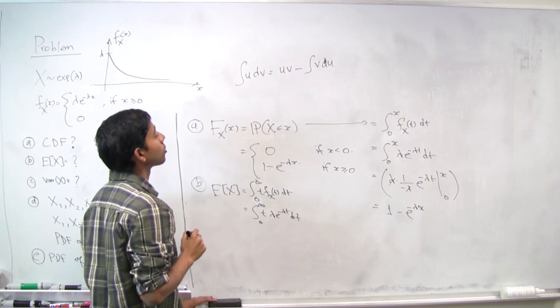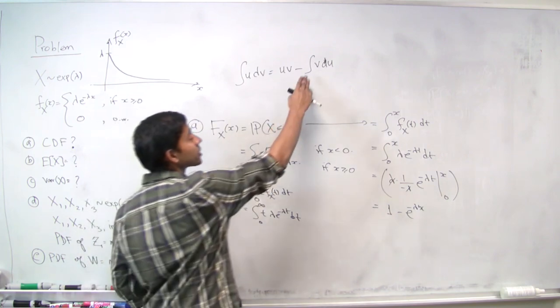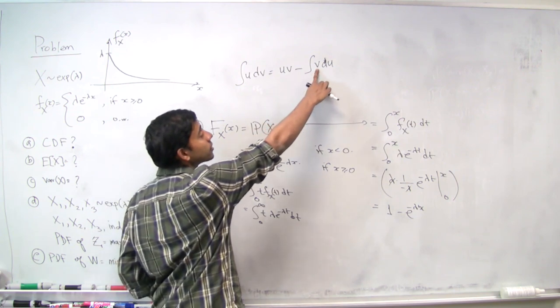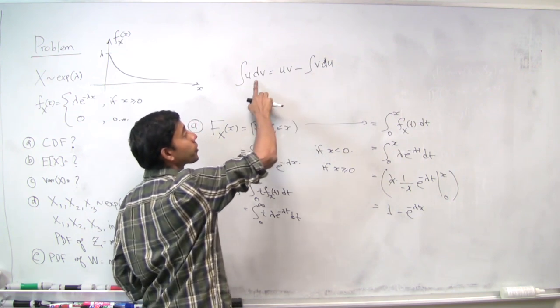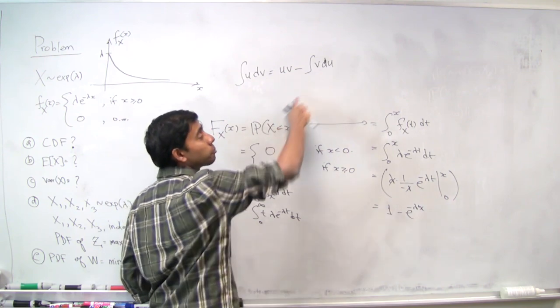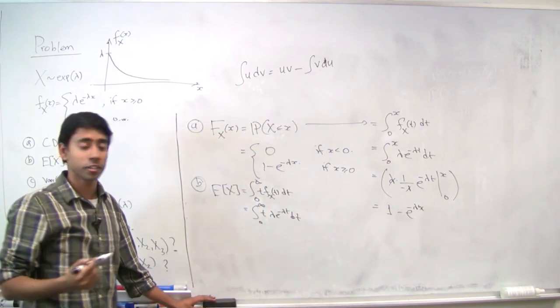The hope is that this integral is going to be easier than the one on the left. Notice that this is the integral of one of the terms here, and this is the derivative of one of the terms. So that may help you decide how to select u and v.